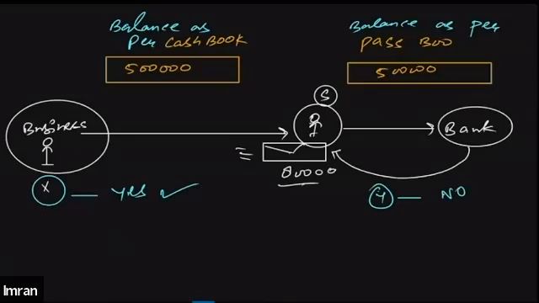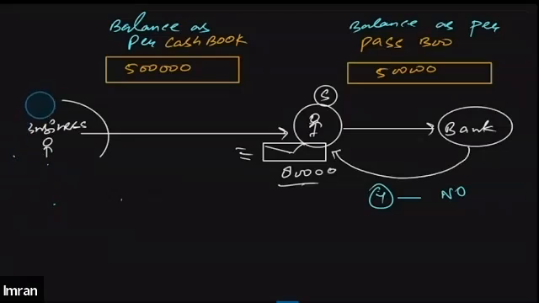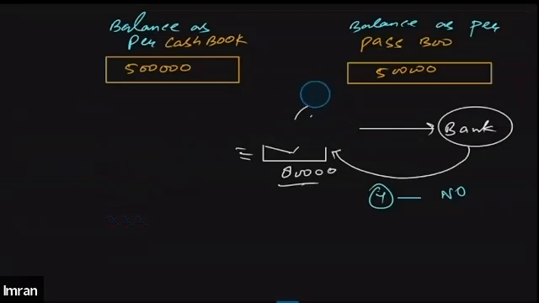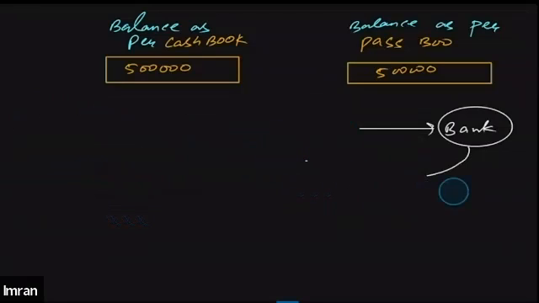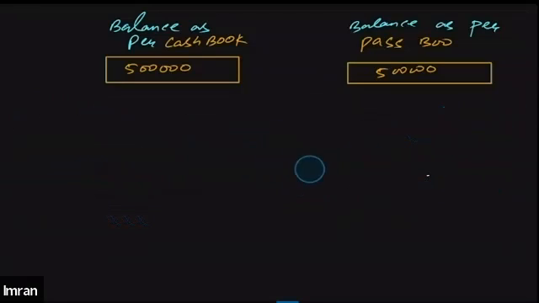Yes, sir. See, since the check has been issued by the accountant of the business, this must have been already recorded in the cash book, but the same check is not presented by the party to the bank, hence the bank has no idea about the check being issued.